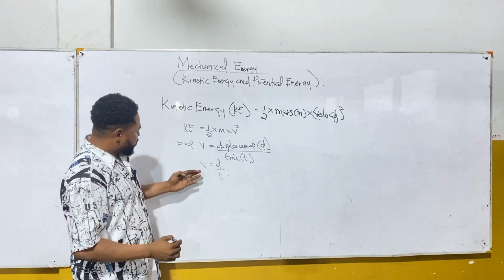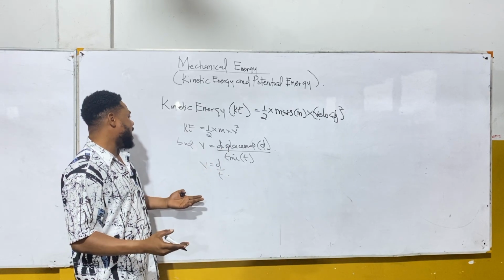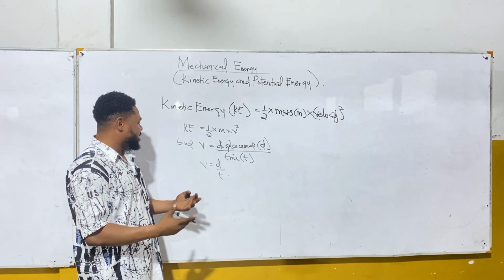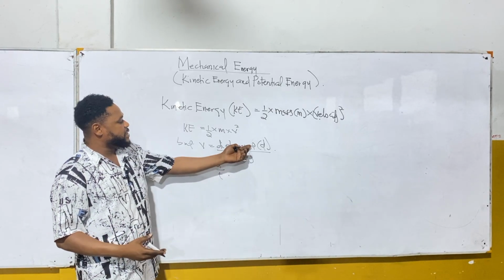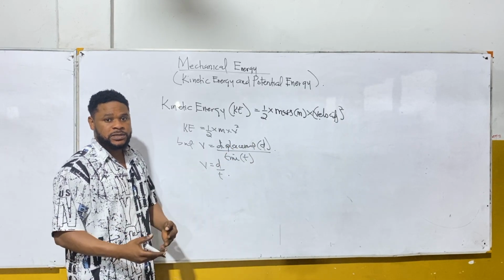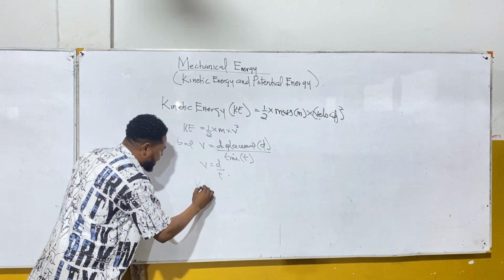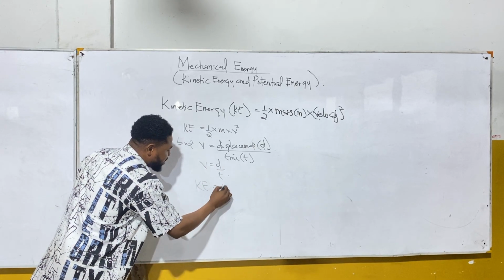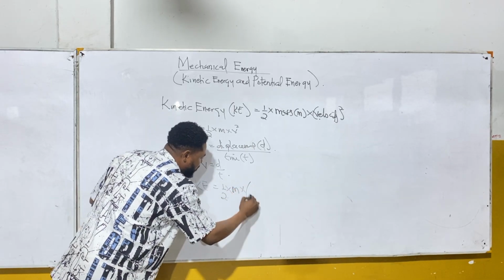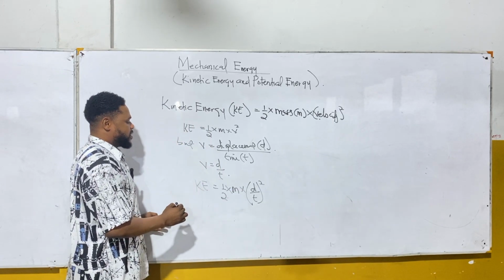So with velocity equal to displacement over time, or sometimes in the question they can give us distance. When they give us distance, we can use it to replace our displacement and do our calculations with it. So we can conclude that kinetic energy is equal to half multiplying the mass of the body multiplying our distance over time, squared.